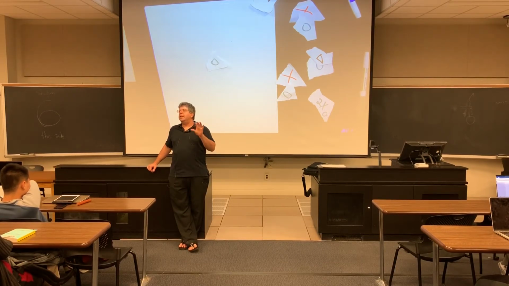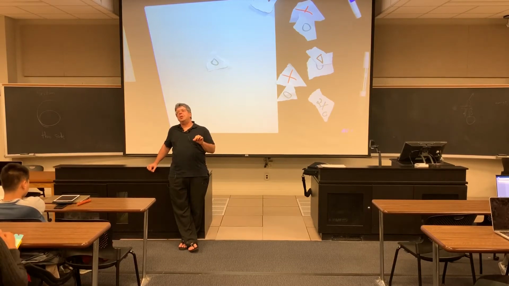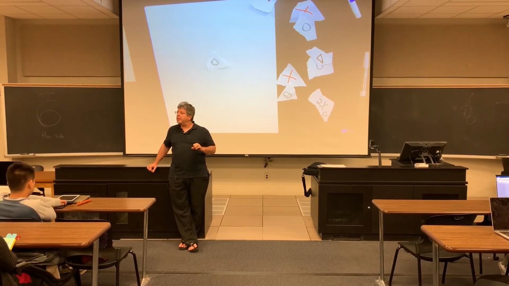Because remember, we said that once you eliminate a pair that's unequal, the majority that's in the set, if there was a majority to begin with, doesn't change. Let me put it more simply. The majority doesn't change if you eliminate an unequal pair, if there was a majority there to begin with.